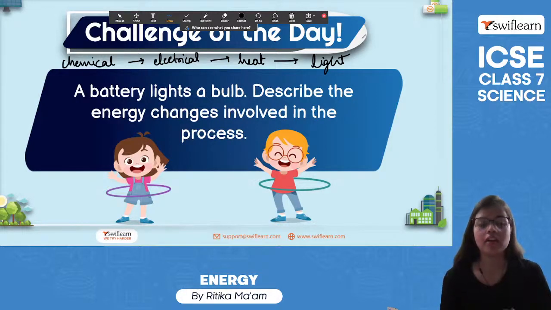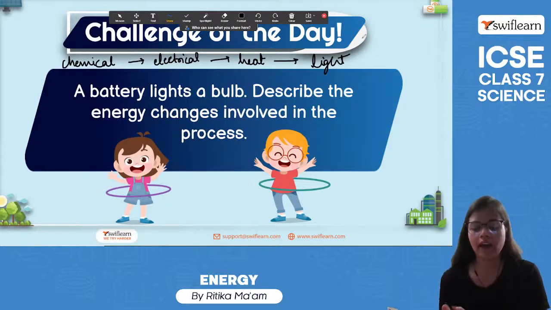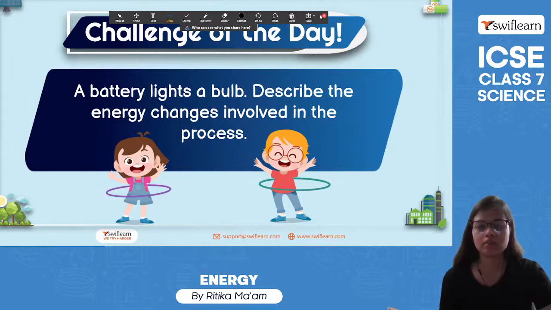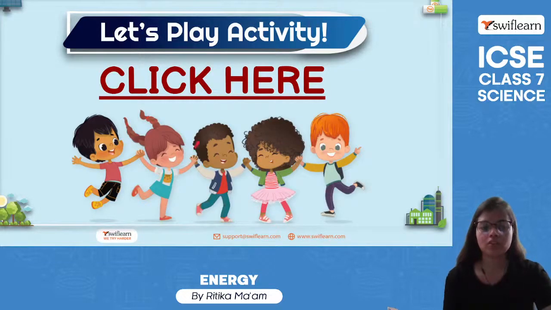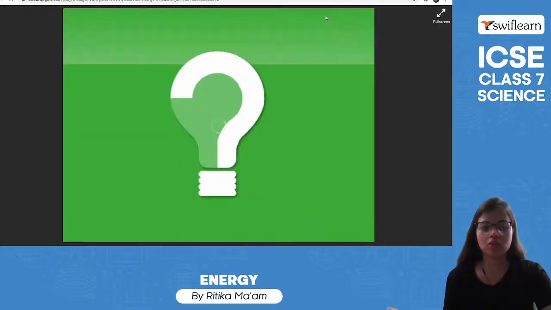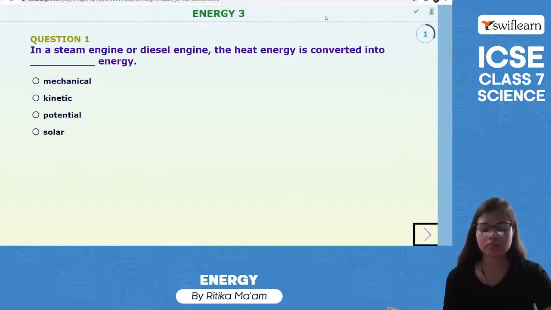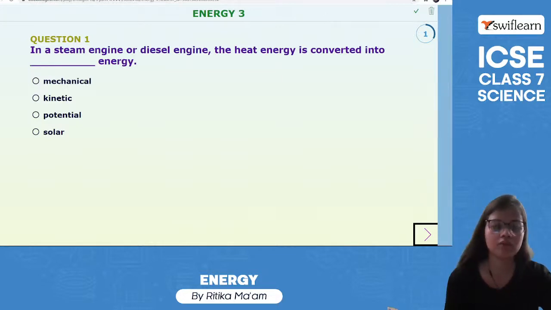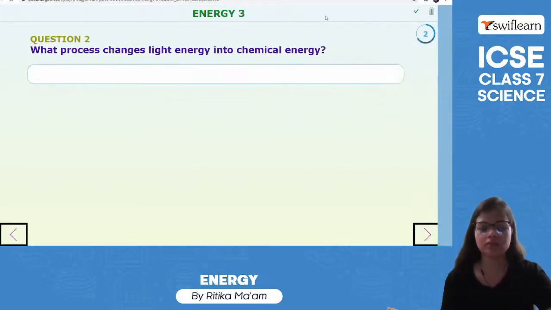So here the chemical energy is changing to electrical energy, and electrical energy is changing to heat and light energy. Let's do an activity to see what we have learned. In the steam engine or diesel engine, the heat energy is converted into mechanical energy.